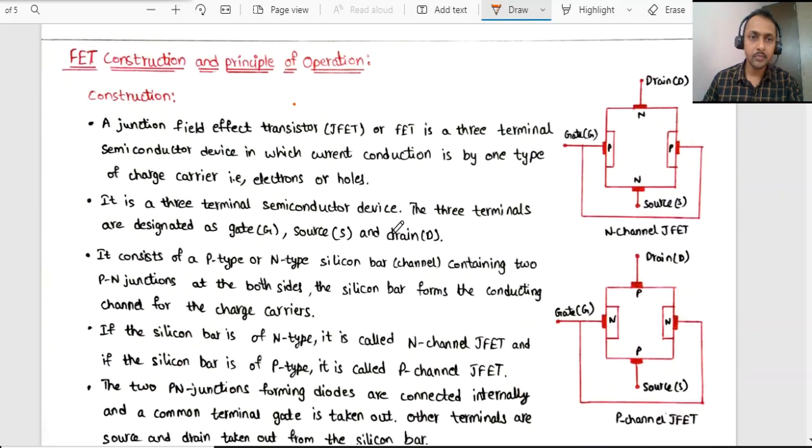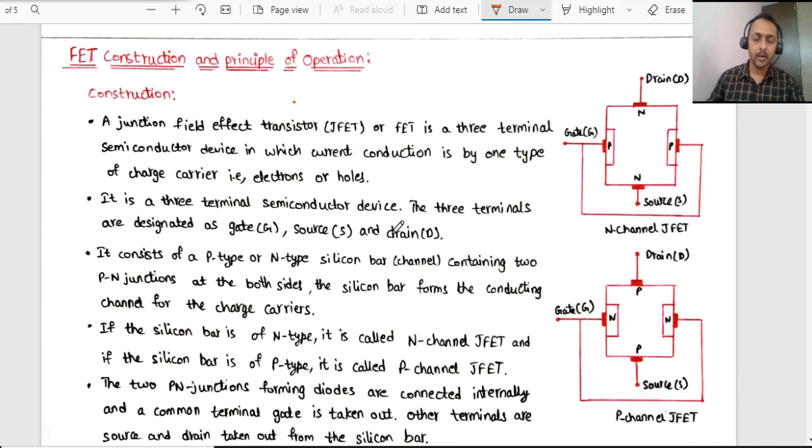Dear students, just like our resistor, which has two terminals, and a diode, which has anode and cathode, two terminals, and previously we have discussed in our videos the NPN transistor or PNP transistor, which has three terminals.